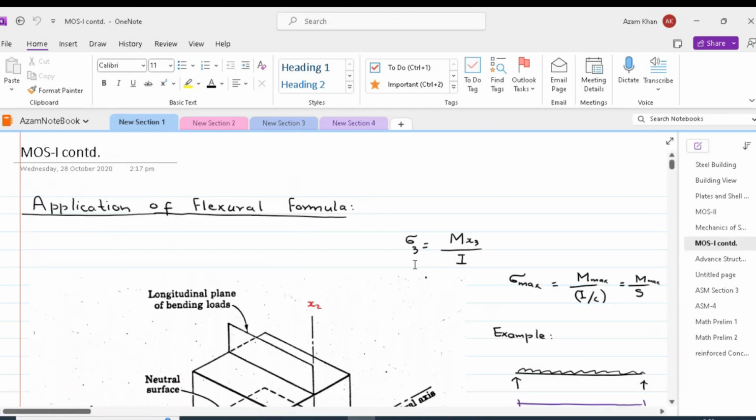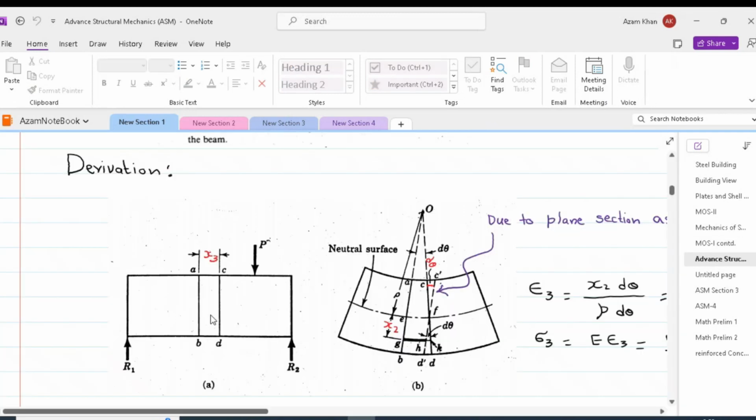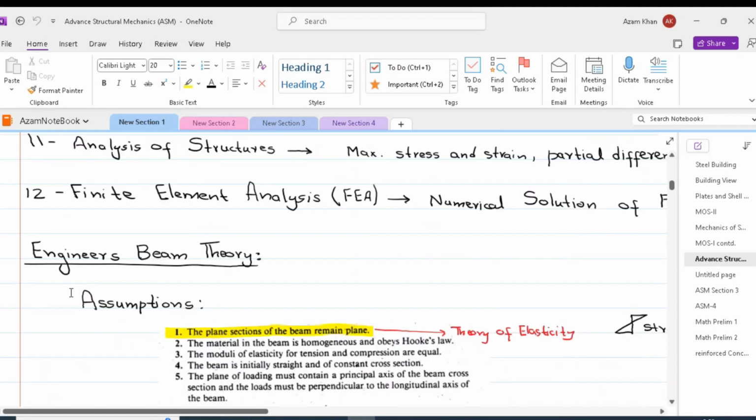The second concept which is of interest in the Timoshenko beam theory would be the Euler-Bernoulli beam theory. In the assumptions of Euler-Bernoulli beam theory, we discussed that plane sections of the beam remain plane. We discussed Euler-Bernoulli beam theory in the beginning of this lecture series.